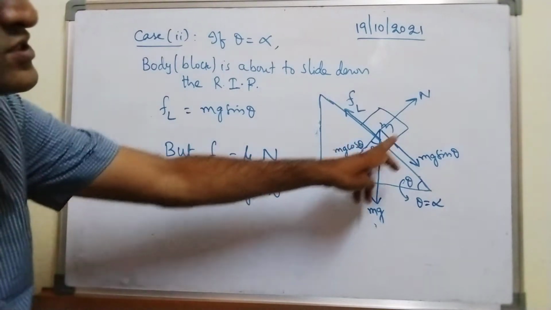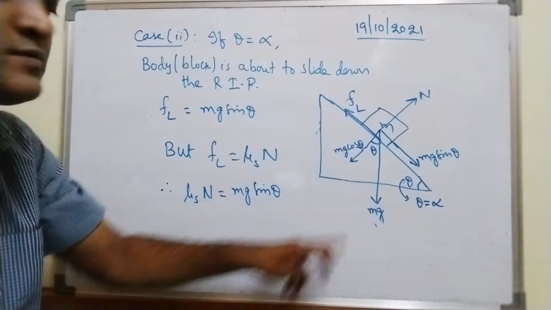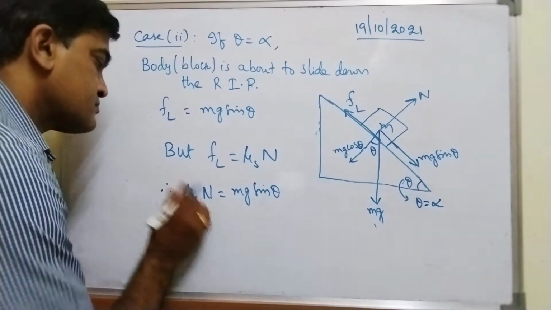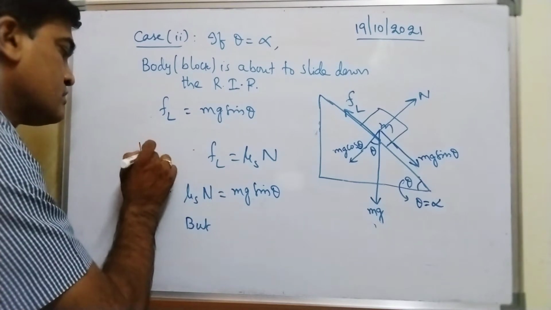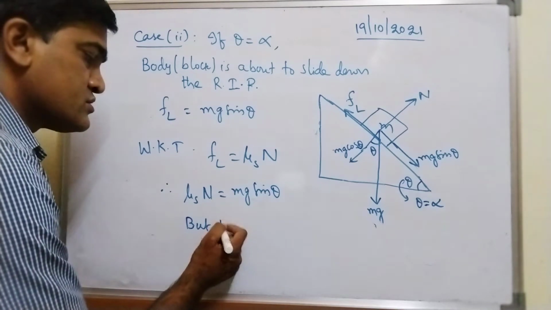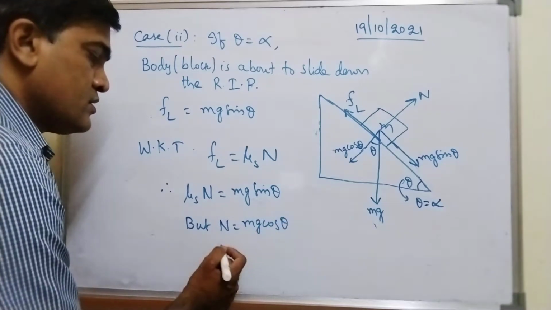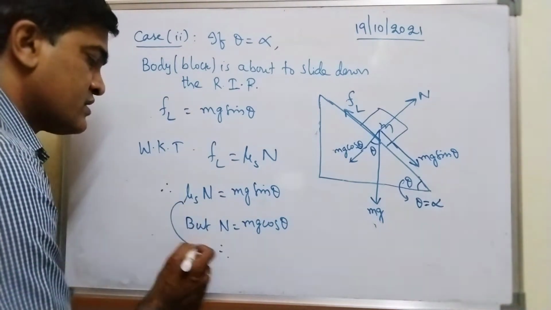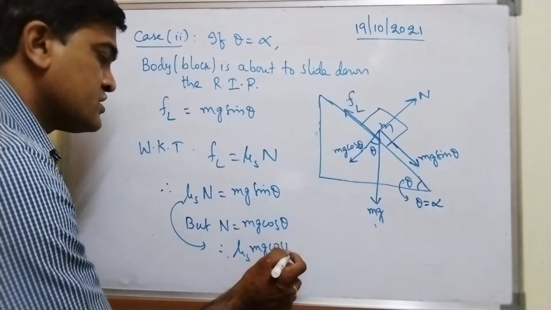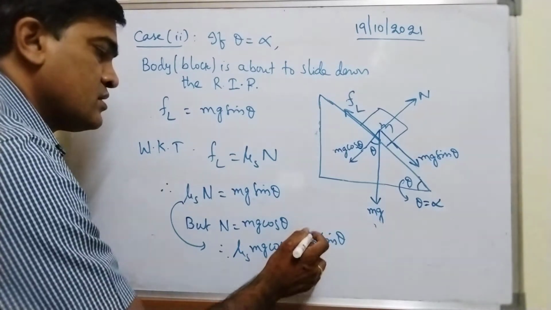But what is this normal force balanced by? We know that under equilibrium, the normal force is balanced by mg cos theta. So I can write mu s into mg cos theta is equal to mg sin theta.